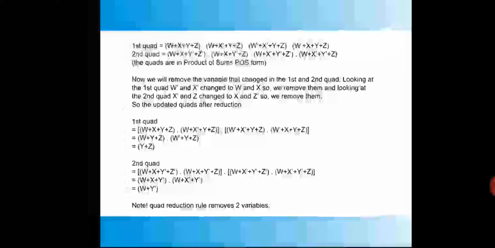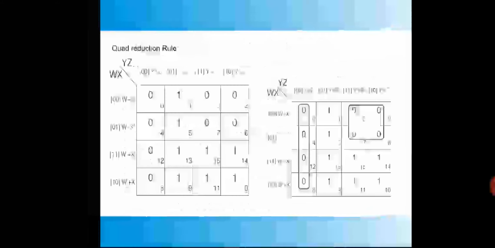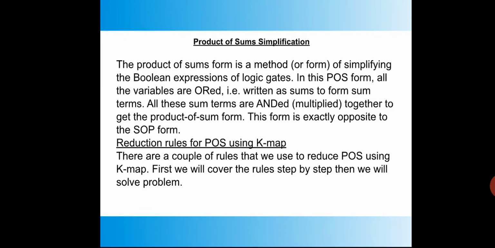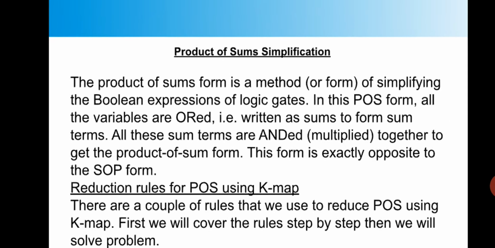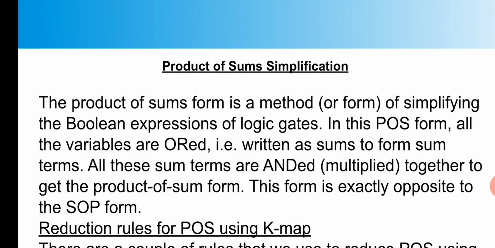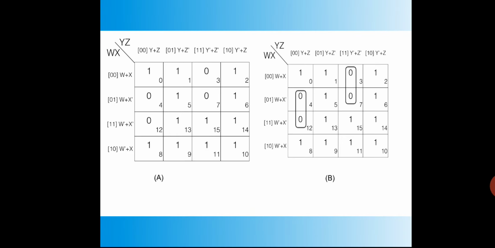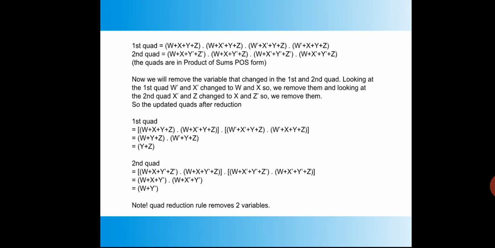These are some of the examples I have taken mainly for this product of sum simplification. Whenever you have the concept of product of sum simplification, you have to follow these steps. So try to take some examples.